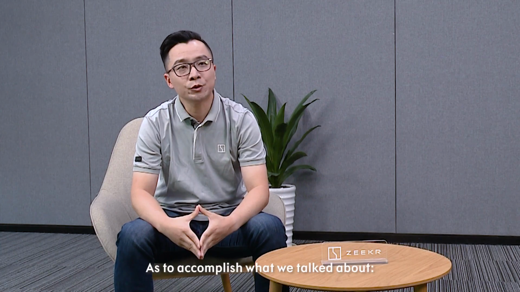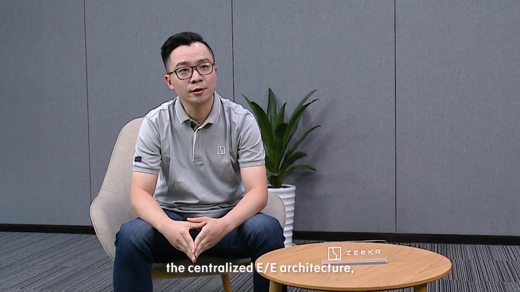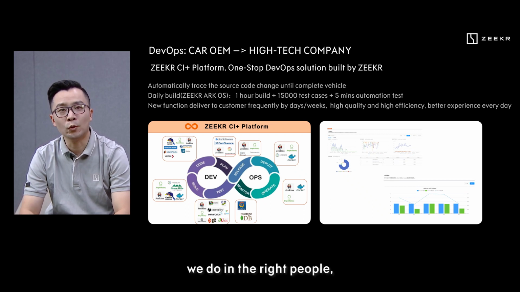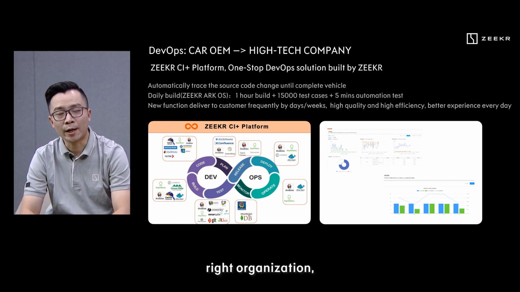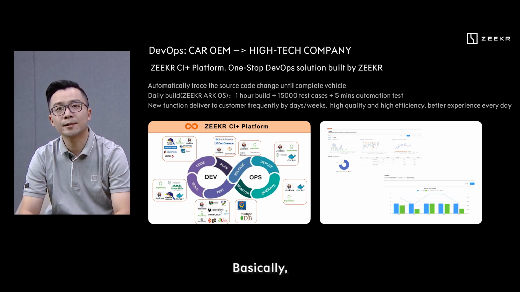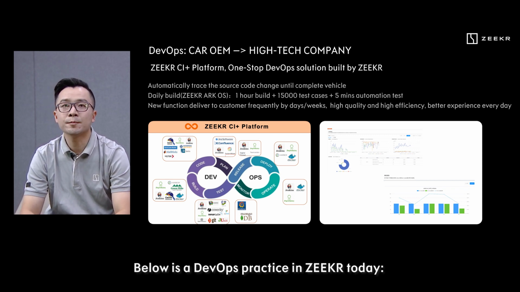To accomplish what we talked about, the centralized E-architecture and the operating system, we do need the right people, right team, right organization, procedure, and toolchain. Basically, car OEMs move to become high-tech companies. Below is a DevOps practice in ZEEKR today.